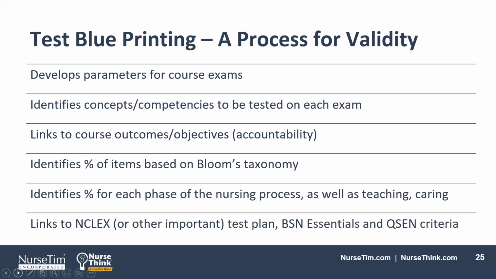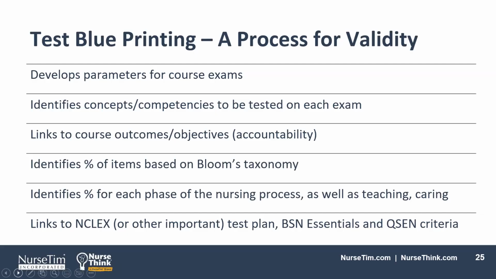We also then can demonstrate how we are building our questions according to Bloom's taxonomy in order to set that level of difficulty, which again is going to be so important as we move forward and can graduate students who are prepared to test at that application and analysis level, and even higher when we look at clinical judgment and the next gen exam.